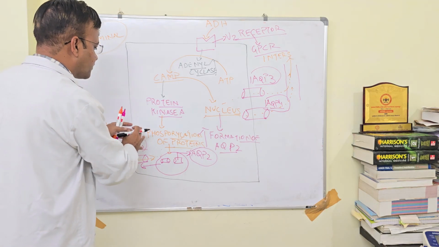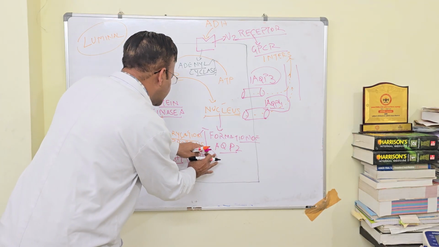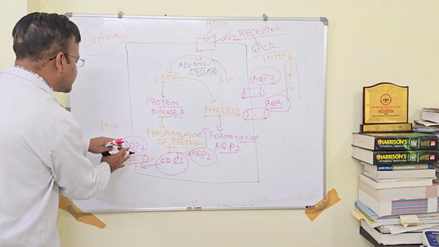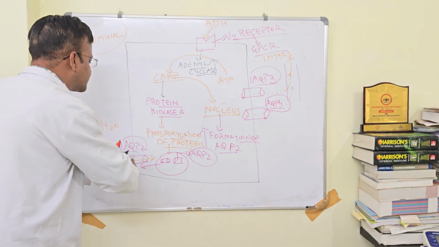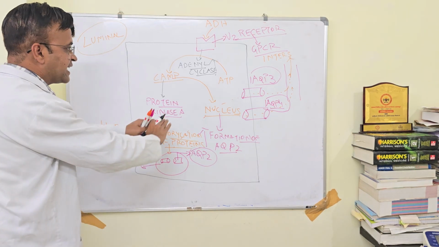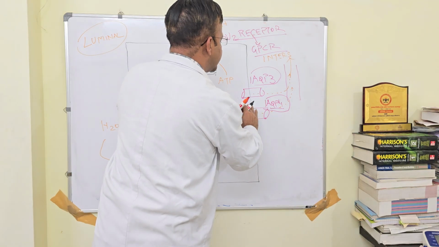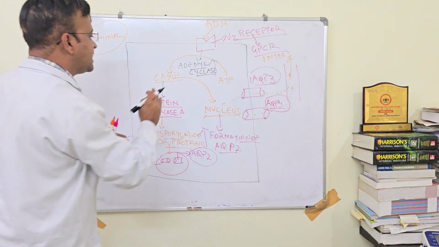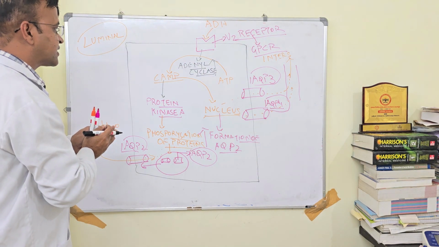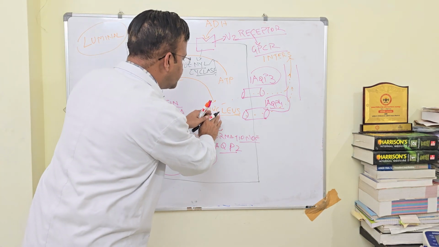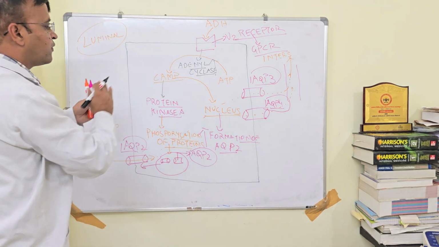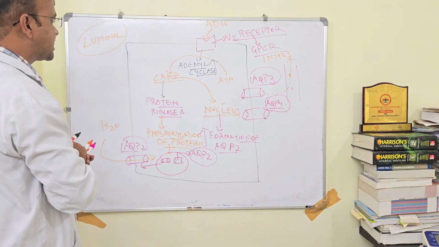And this phosphorylation of proteins leads to recruitment of the aquaporin 2 channels to the cell membrane, and water enters through these channels and exits the cells through aquaporin 3 and aquaporin 4 and ultimately enters the blood vessels. Cyclic AMP also acts on the nucleus and increases the formation of aquaporin 2 channels.